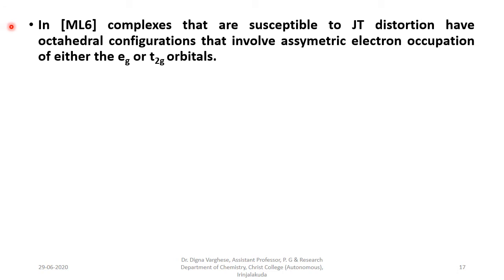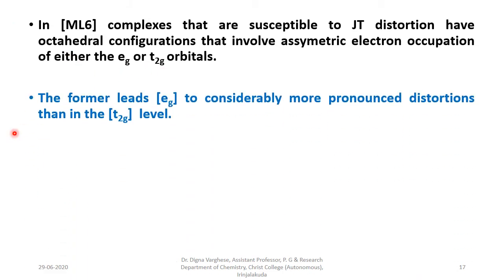ML6 complexes that are susceptible to Jahn-Teller distortion have octahedral configurations that involve asymmetric electron occupation of either the Eg or T2g orbitals. The former leads to considerably more pronounced distortions than in the T2g level.